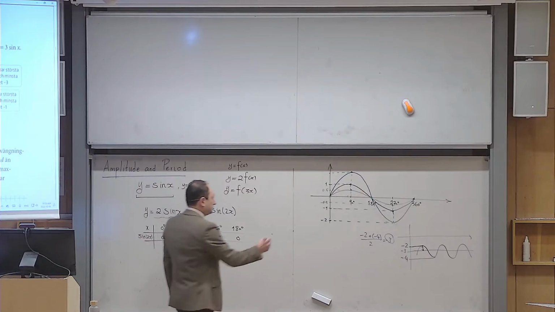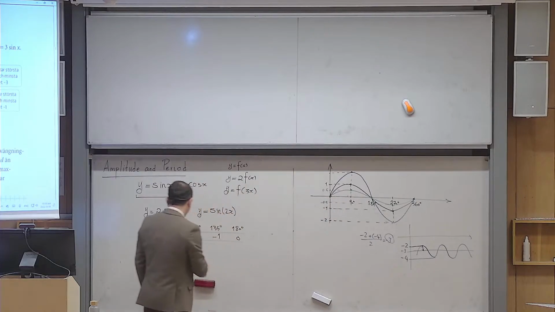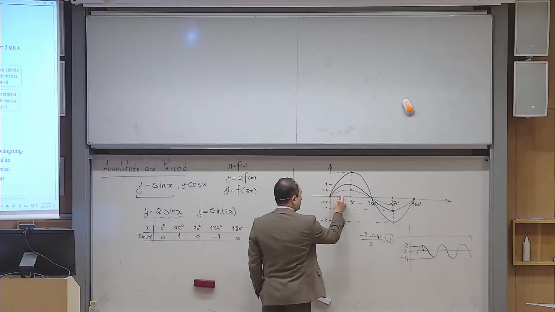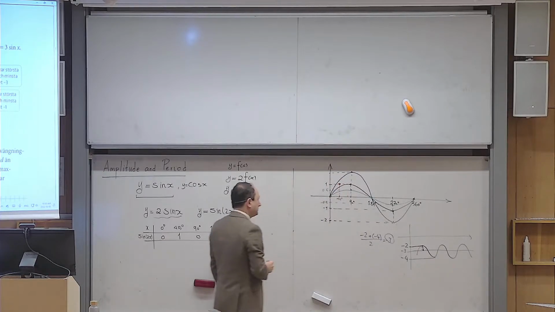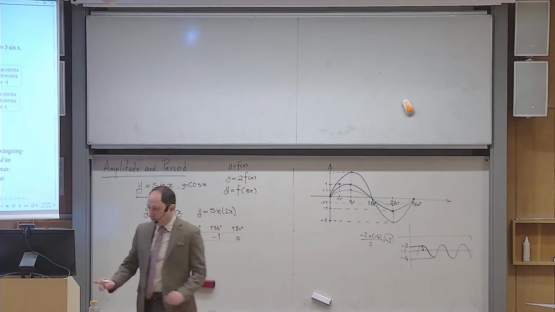0, 0, and then 45, 1. So 45 is in the middle, and then 1. So this is my point now. And then 90, 0. Oh, sorry.